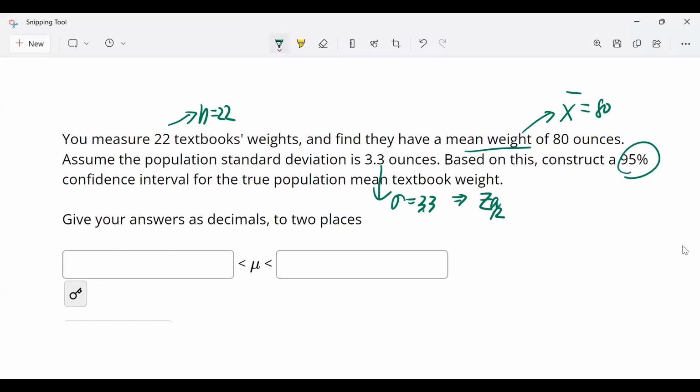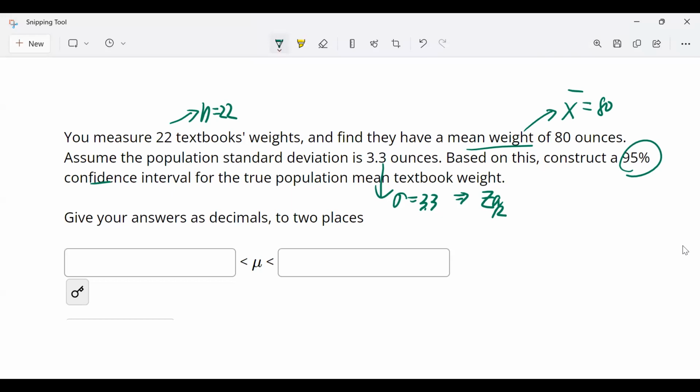Based on 95% confidence, the critical z-score is 1.96. So basically we have everything we need to calculate the margin of error first. The margin of error is the critical z-score times the population standard deviation over the square root of the sample size.